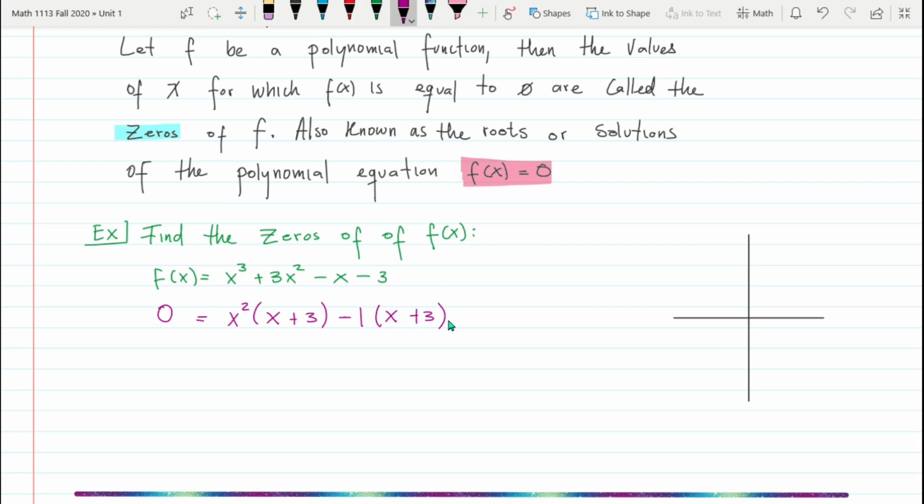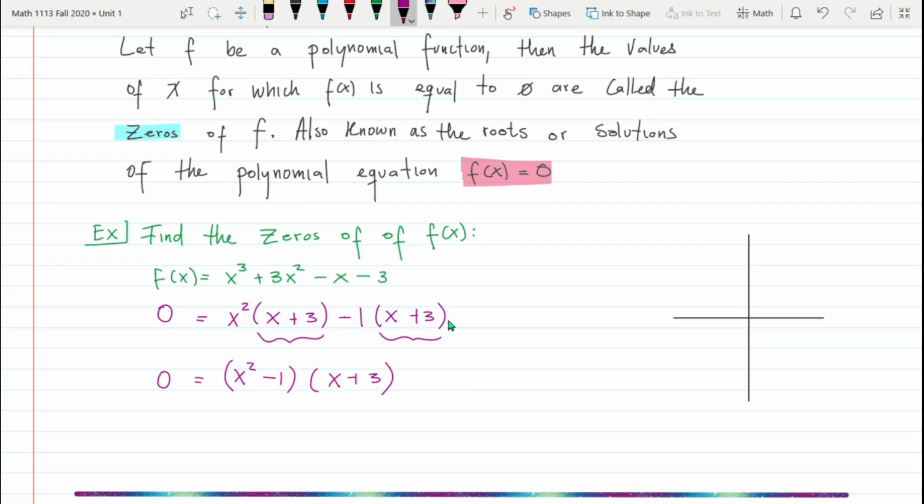And notice how we have two x plus 3's. Well, that's on purpose, right? So if we factor out an x plus 3, we'll get the following: x squared minus 1 times x plus 3.